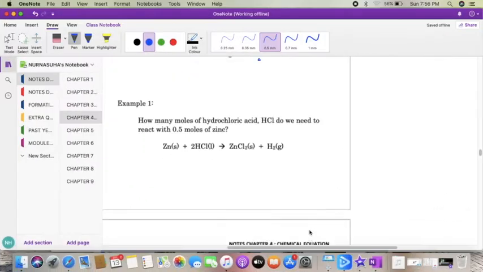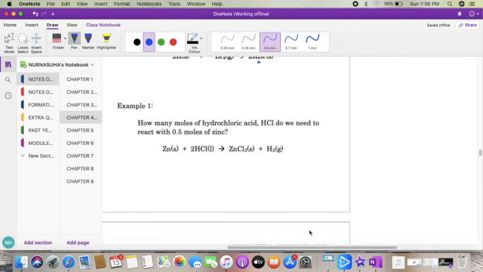Now, let's go to example number 1. The question asks, how many moles of HCl do we need to react with 0.5 mole of zinc? So, I repeat the question. How many mole of HCl that you need in order to react with 0.5 mole of zinc?